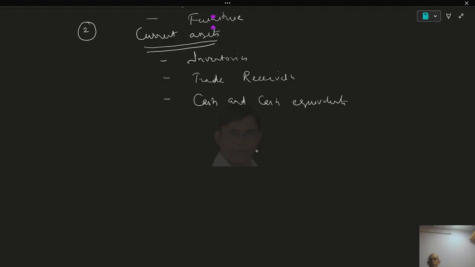Then the third one is current liabilities. So remember, this is with regard to financial statements of sole traders. Because when you are preparing financial statements of a company, the format is entirely different.